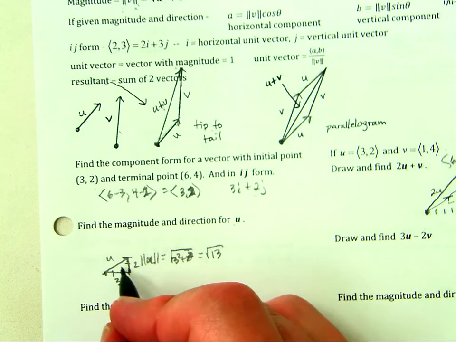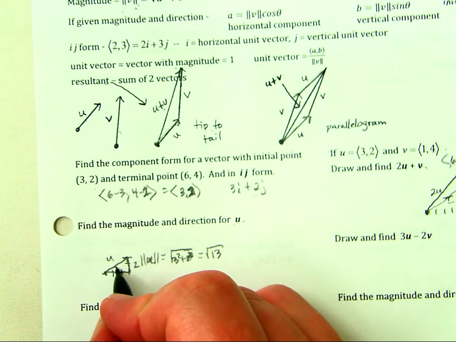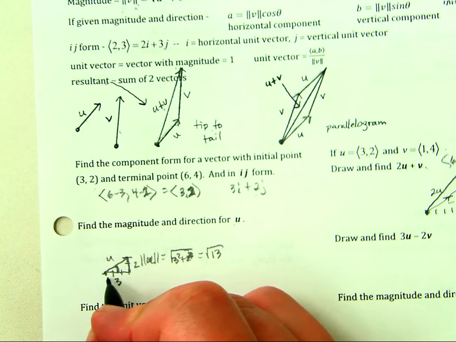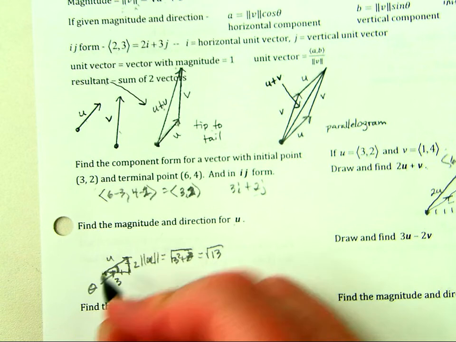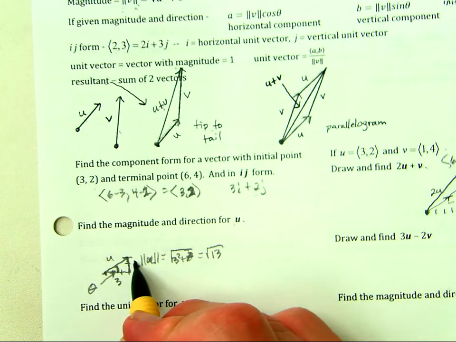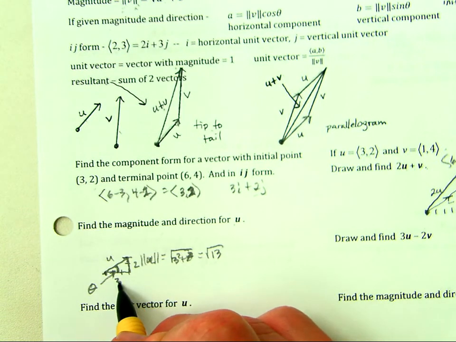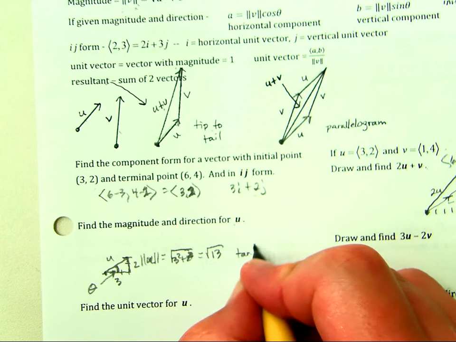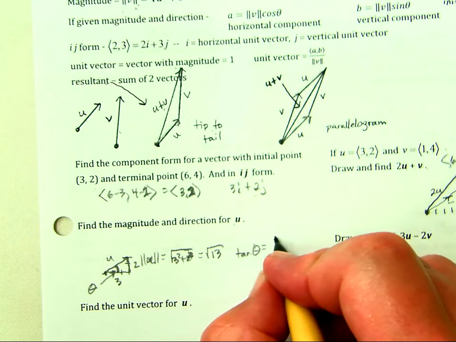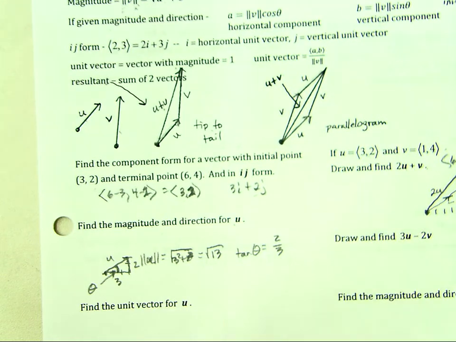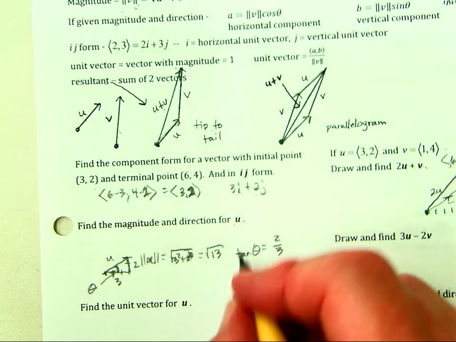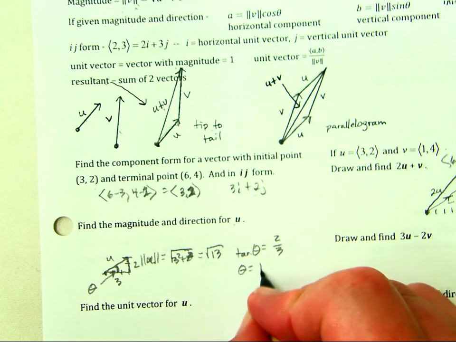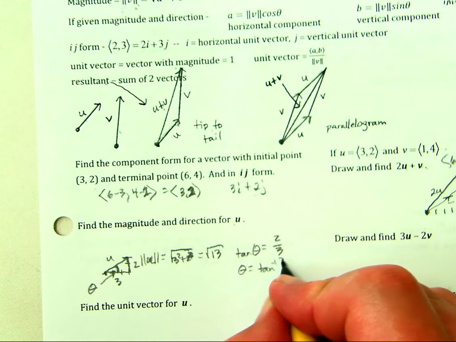Now for the direction, if we looked at that picture, the direction is this angle right here. That's our direction if we call that theta. Well, we know the opposite side, we know the adjacent side. Doesn't that sound like tangent? So we have tangent of theta equals opposite over adjacent. Remember doing that before. To solve for theta, we do the inverse tangent.